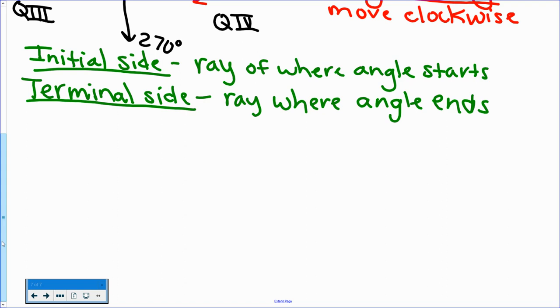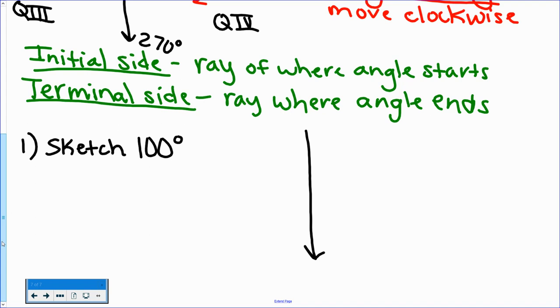All right, so we are going to sketch 100 degrees. Okay, so I'm just going to sketch a little coordinate plane. All right, this is considered my initial side of that ray. And then I need to just kind of give an estimate.